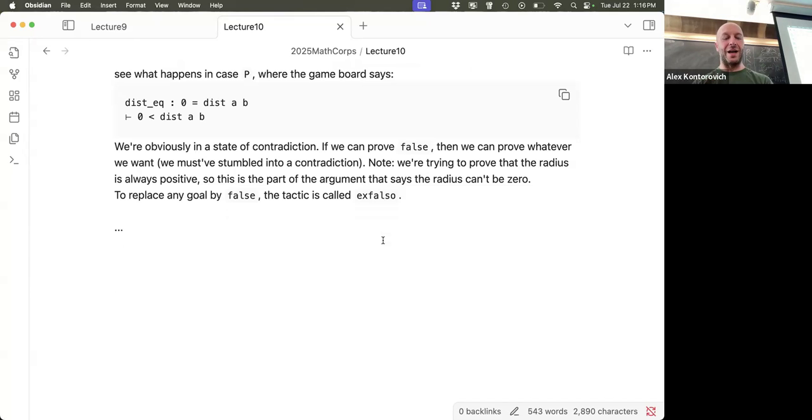If you have H1 is that X is equal to Y, and H2 is that Y is equal to Z, then if I say have H3 colon equals H1 dot trans H2, that's the transitivity property of the equal sign, which means I can zipper these two together. This will have type X is equal to Z.